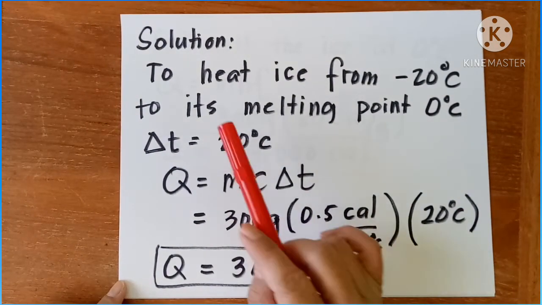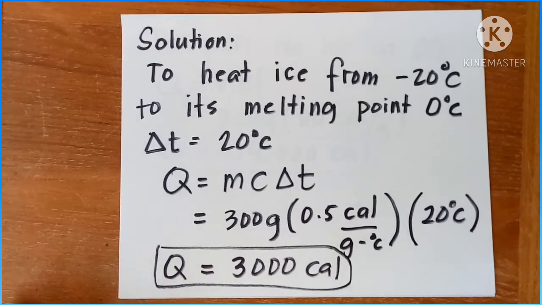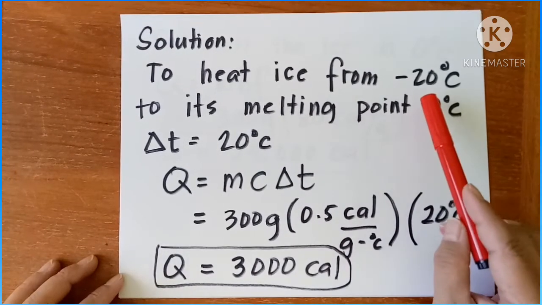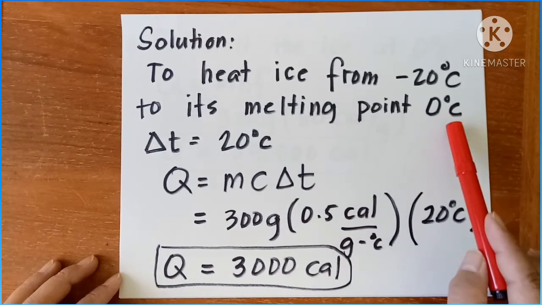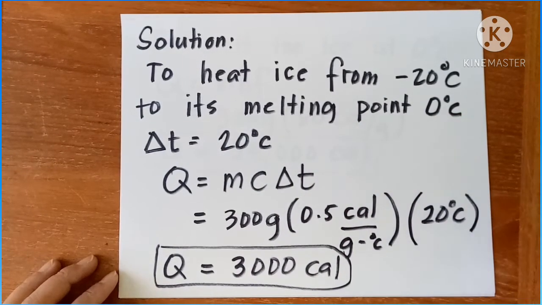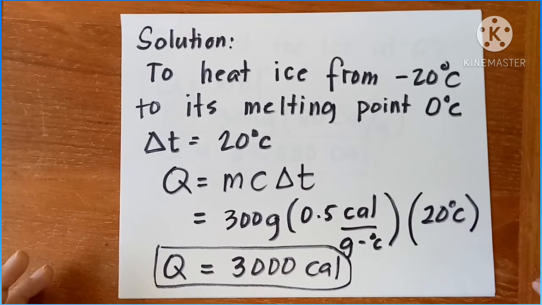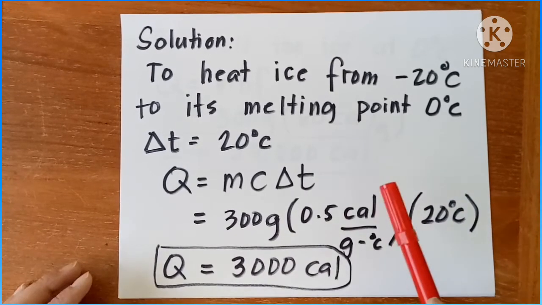So for the solution, since it is ice, we need to heat ice from negative 20 degrees Celsius to its melting point 0 degrees Celsius. We need to follow the diagram or the graph that I showed you in the first part of this video.